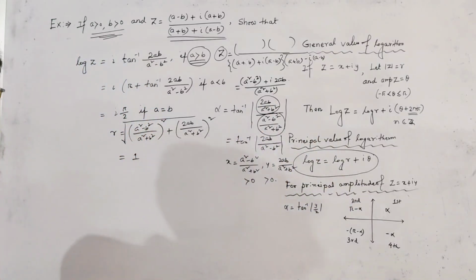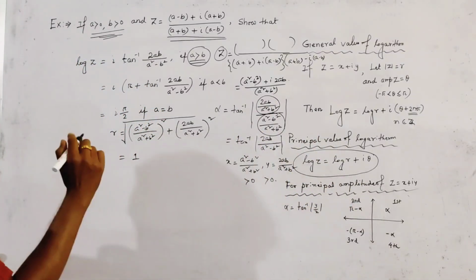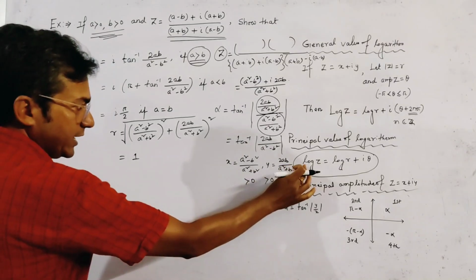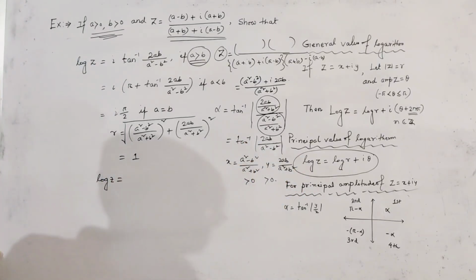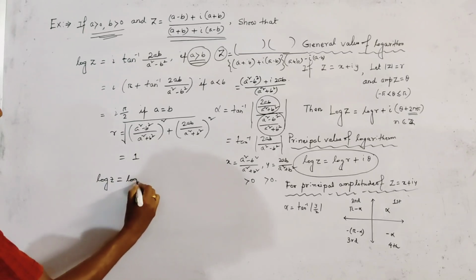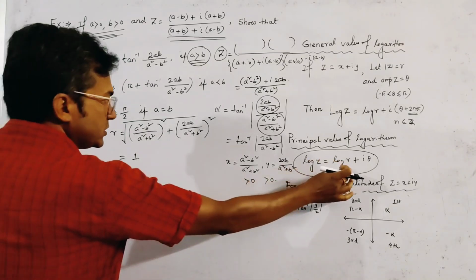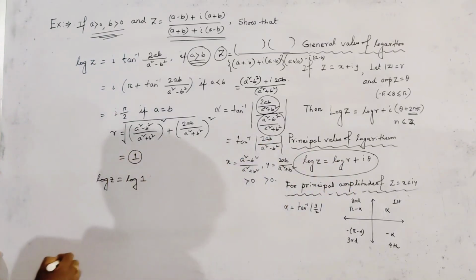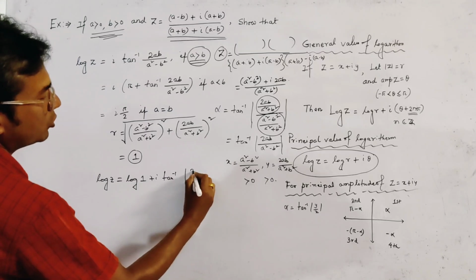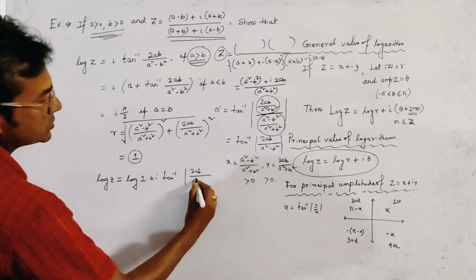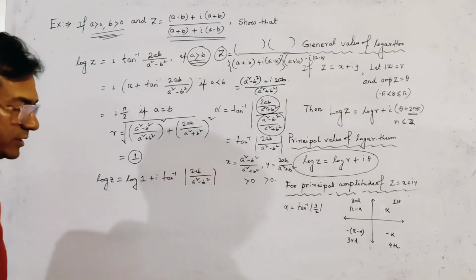So this is in the first quadrant, because if x and y are positive, then the point lies in the first quadrant, right? And for the first case, we directly write from this result log z equals log 1, because r equals 1, we already got here, plus i times tan inverse of the modulus of 2ab/(a² − b²).